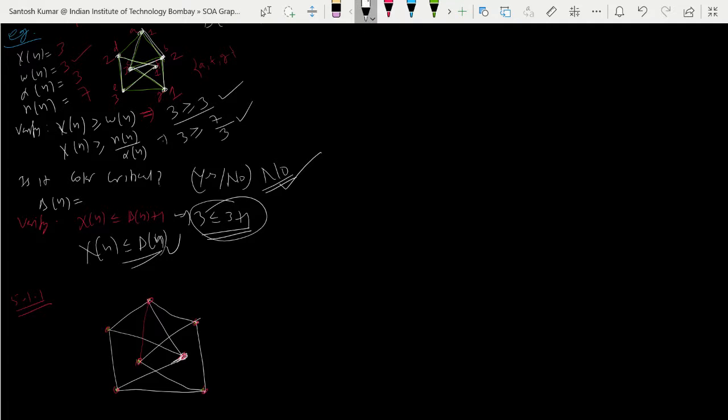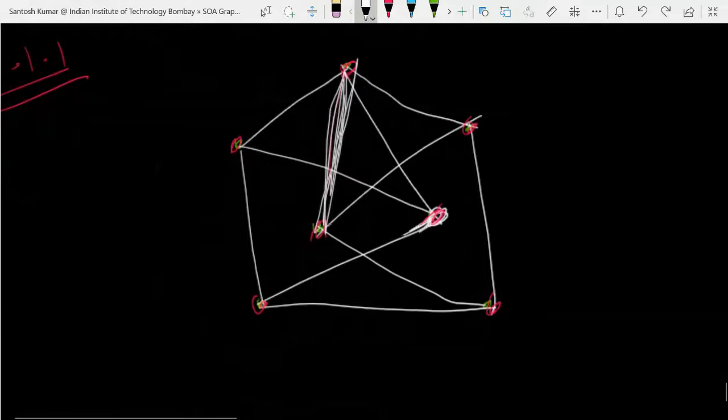This one you think? Yes, sir. Okay, now let's see. Now fine, we just have to add one edge in that. This one we wanted to add. Okay, now it is fine.